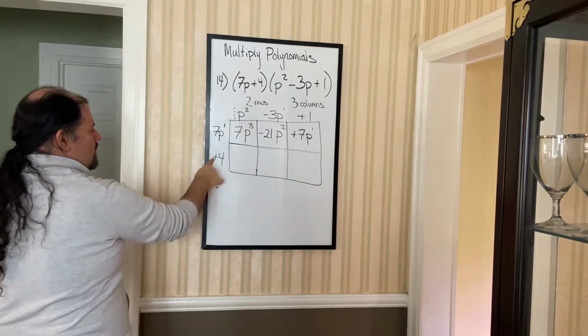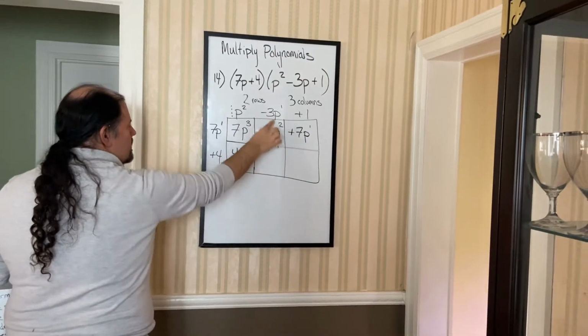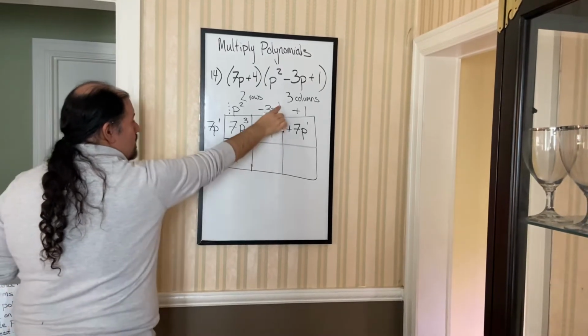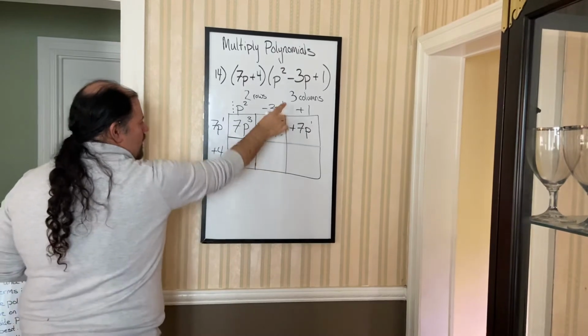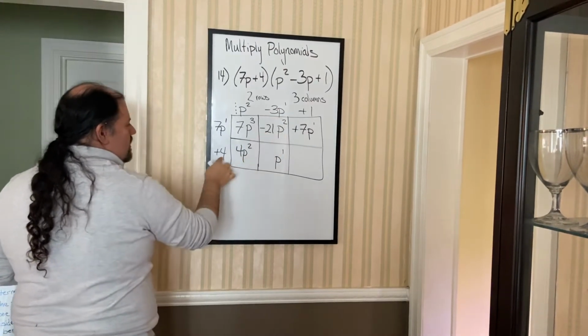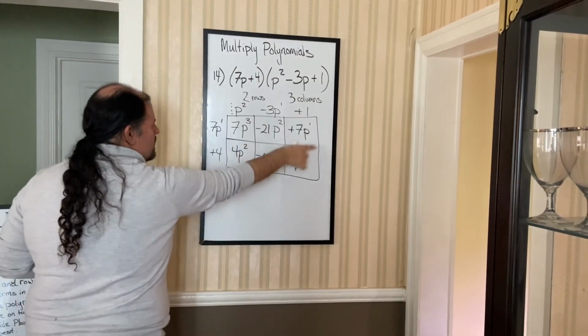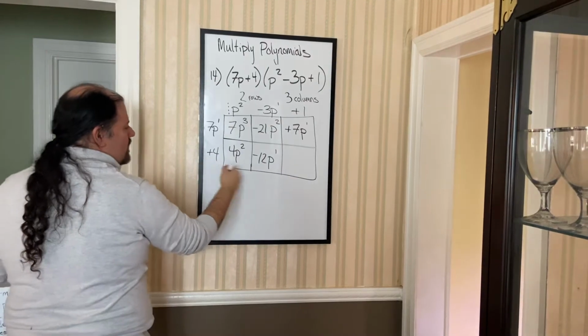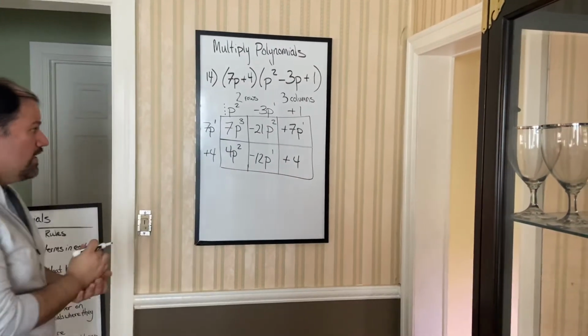This times this will be 4p squared. This times this, remember, p to first, no p here, still have 1 here. 1 plus 0 is still 1. And then negative 3 times positive 4 will be negative 12. And then positive 1 times positive 4, you know from your tic-tac-toe board, positive 4.